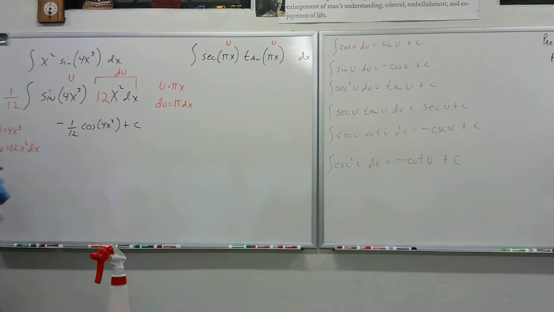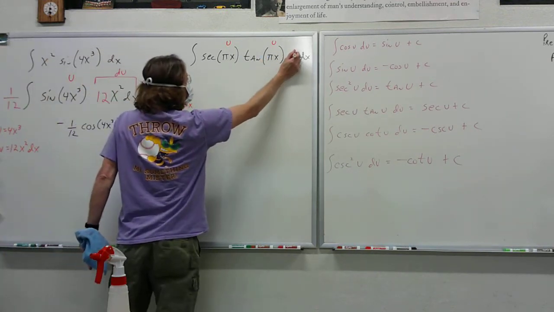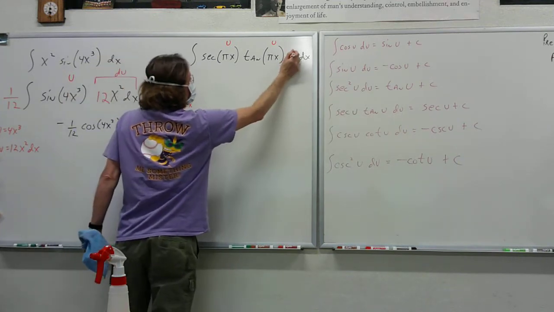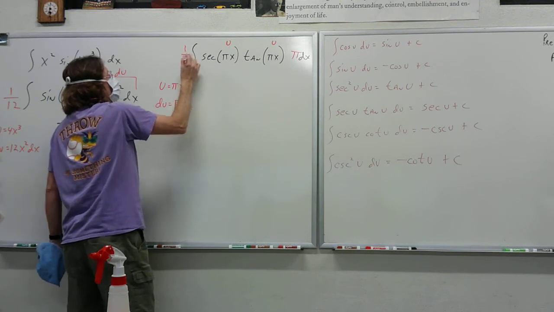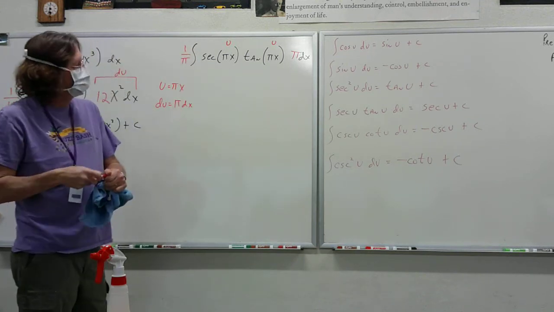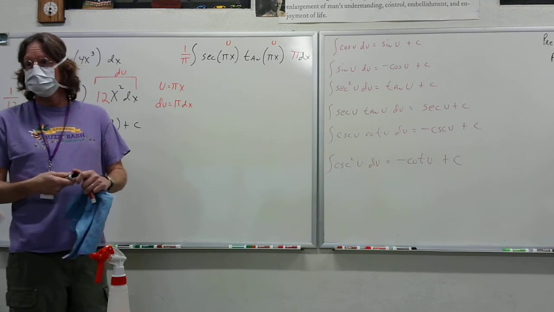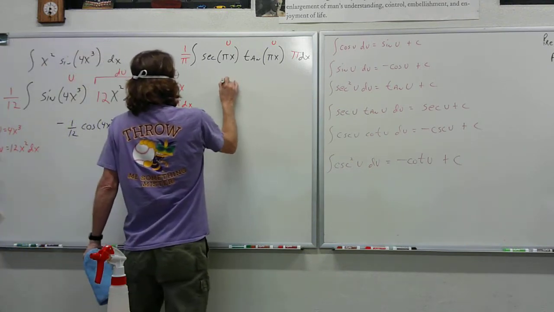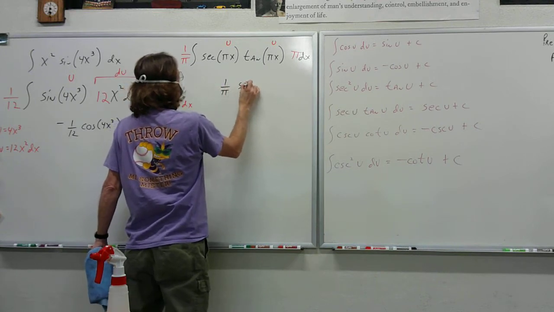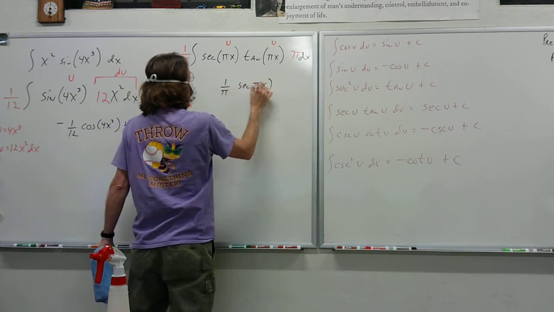Some people think they write the u and then they just write whatever's over there. You can't do that. You got to do u, take the derivative of it, and then see how they go together. And here you're going to need a what? Pi. Is everybody okay? We need a piece of pi. And what do you need out front? And then you integrate using that rule. Pretty cool, huh? Yeah. They killed it. 1 over pi secant pi x plus c.